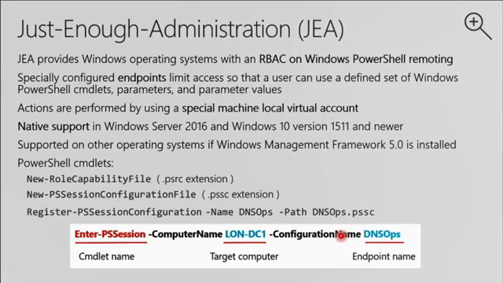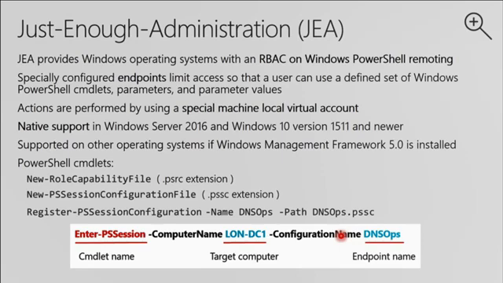Because the typical scenario is that a user with access to an administrative PowerShell console can do everything remotely. But by creating a dedicated limited environment, which we call an endpoint, you are assigning to the endpoint just a very limited set of cmdlets that a user accessing a machine remotely can perform. So, for example, able to restart a service but not restart the full machine.